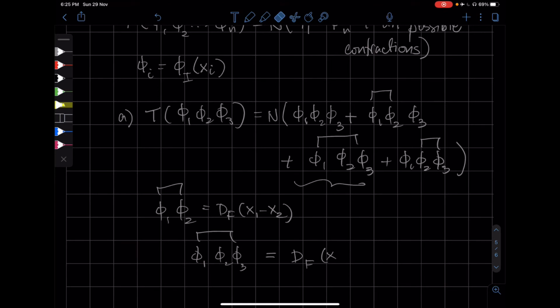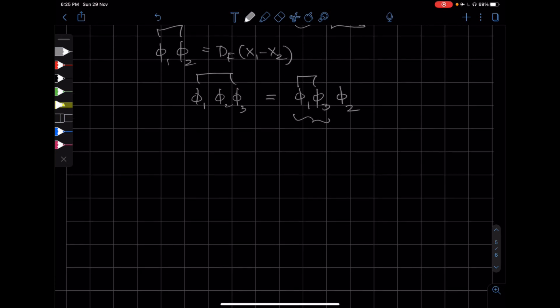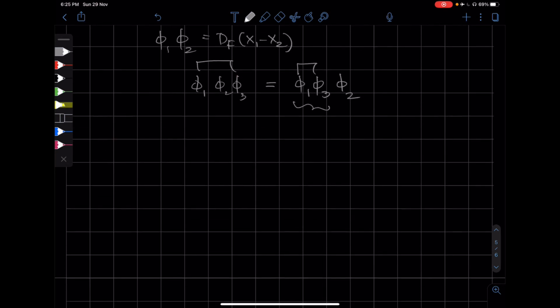Actually, let me just do an intermediate step. This is the same thing as phi 1, phi 3 contracted times phi 2. And then, of course, this is nothing but the Feynman propagator. So this was the case of three operators.